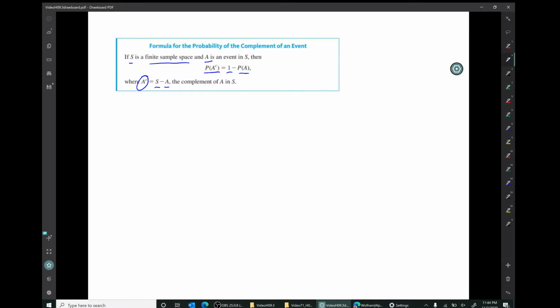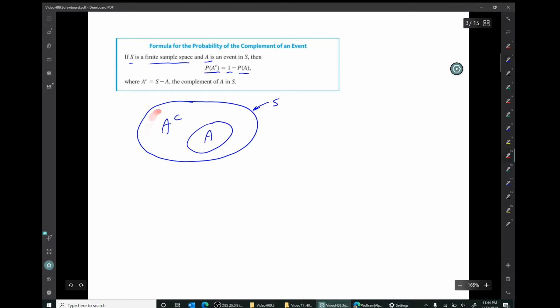Now where does this come from? Well, this is fairly straightforward as well. So let's make a picture. Now, let's think about how we would compute the probability of A complement.